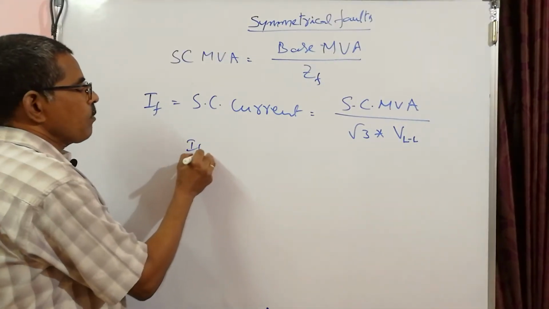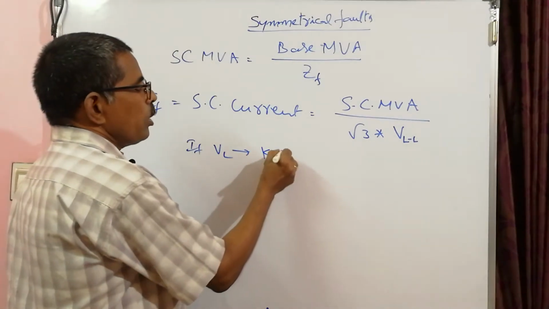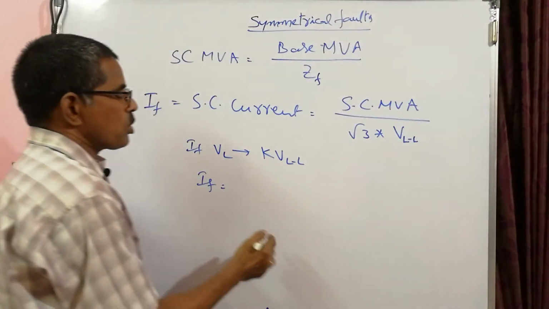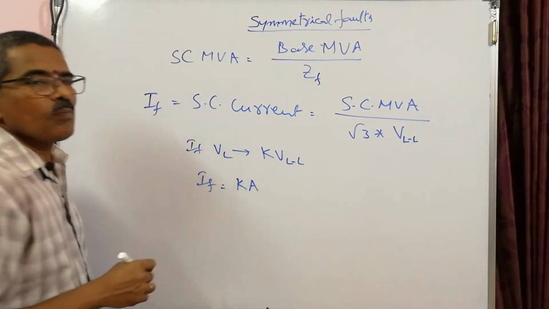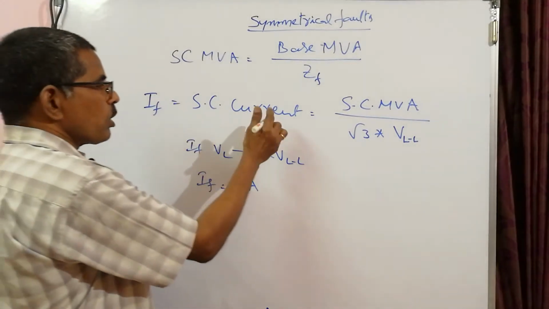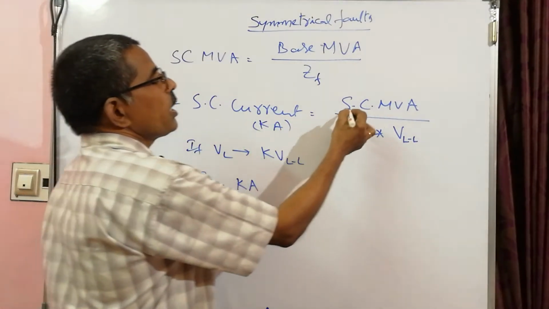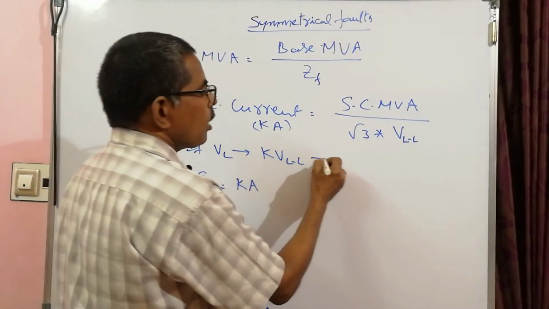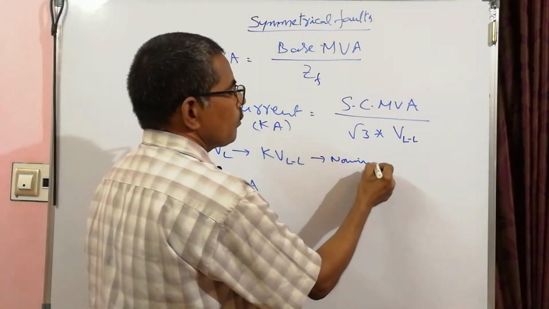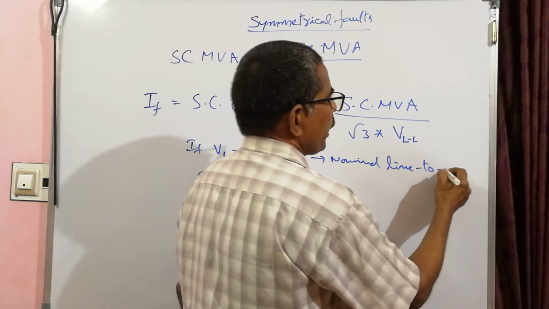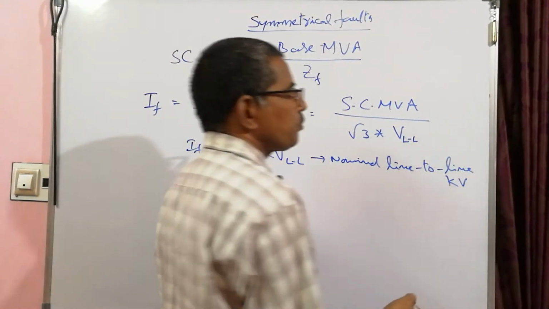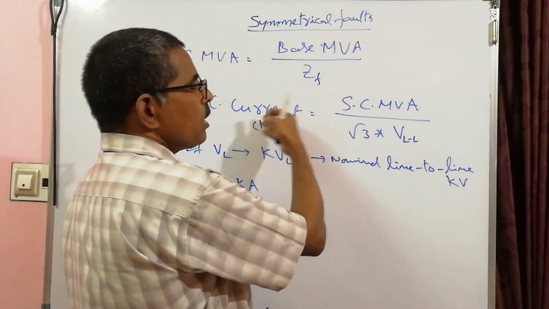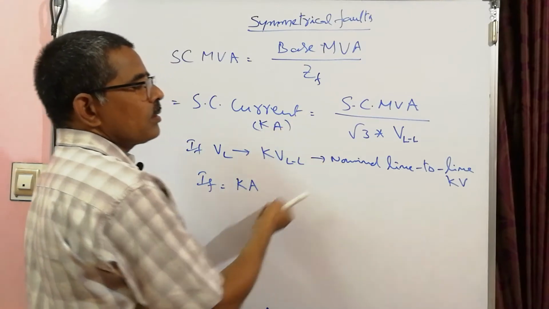So if VL is in kilovolts line to line, then IF is MVA by kilovolts, so this will be in kilo amps. That is the understanding. Otherwise, if you substitute in volts, you will get mega amps, is it not?